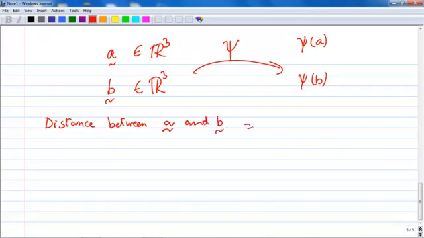Well, this is given by the length of the vector corresponding to the difference between the vectors A and B. So this is just a notation for length.